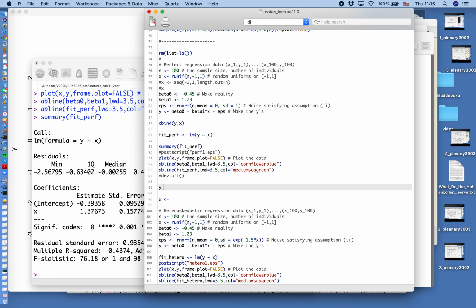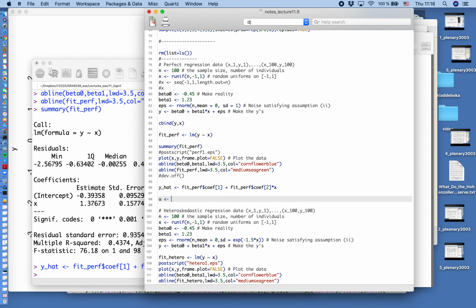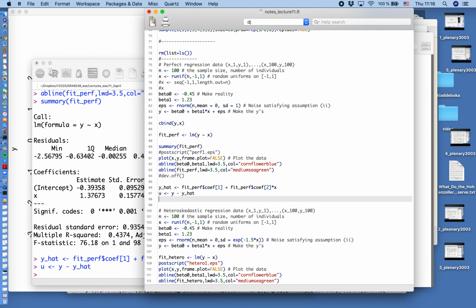So we make our y hat, which is fit perf coefficient 1 plus fit perf coefficient 2 times x, and then we take y minus y hat. So these are the residuals. Now we can plot the residuals.